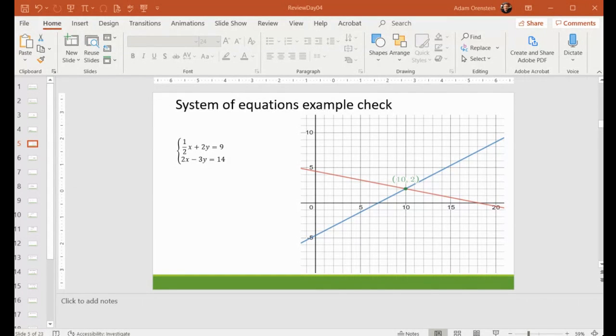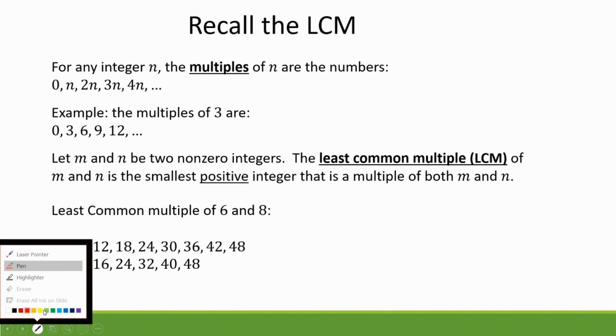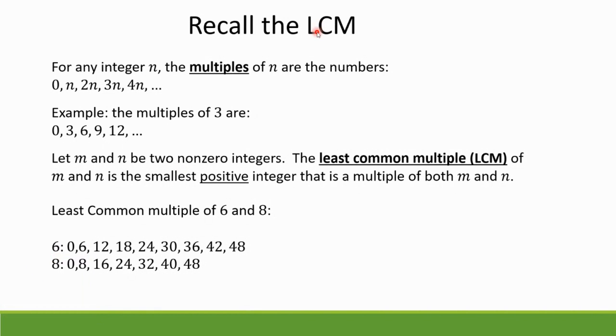Okay, so remember, this is something we did earlier in the course, right? We had this notion of least common multiple, namely, for any integer n, we had this notion of the multiples of n, which are numbers of this form.